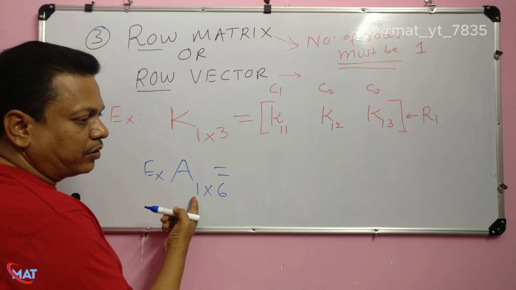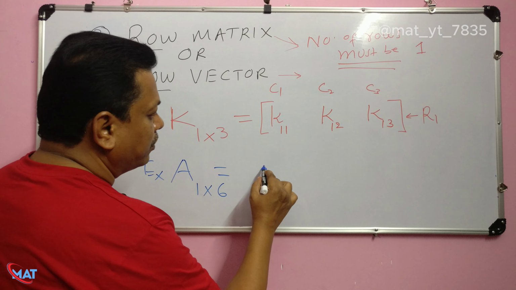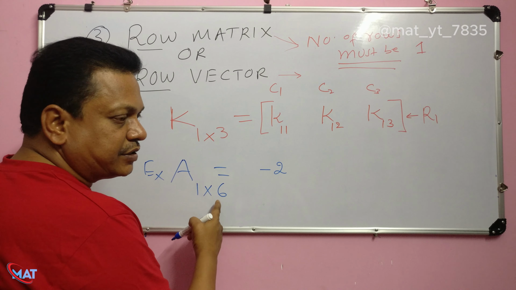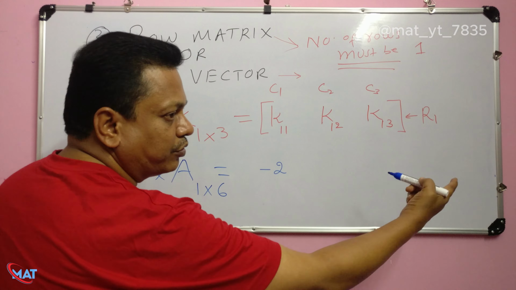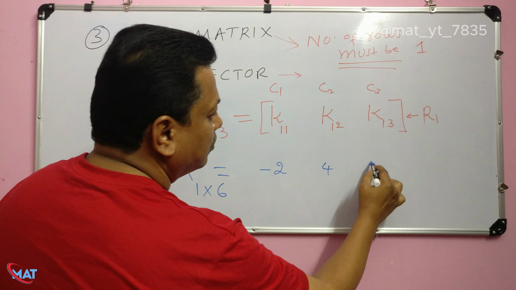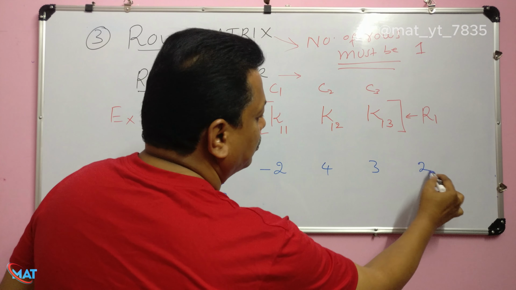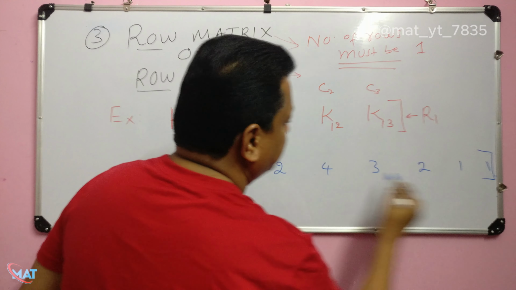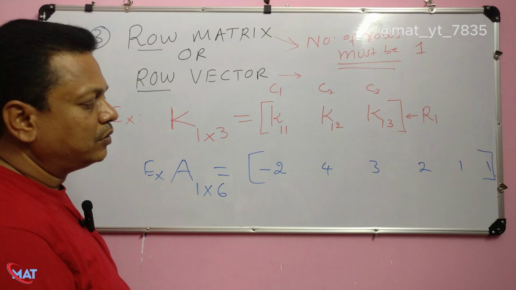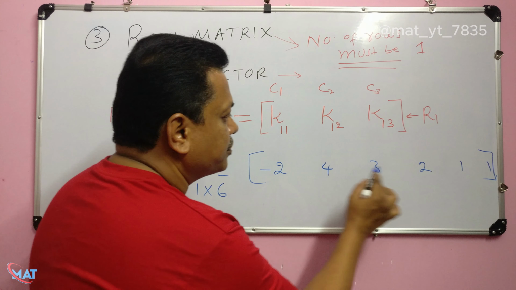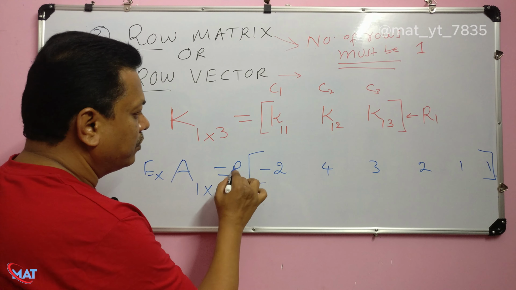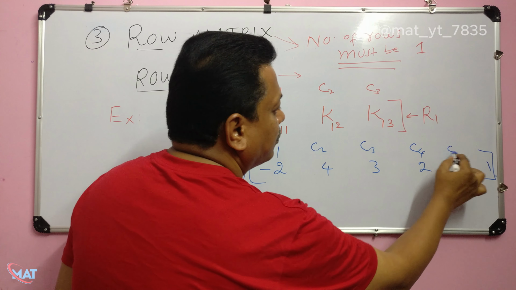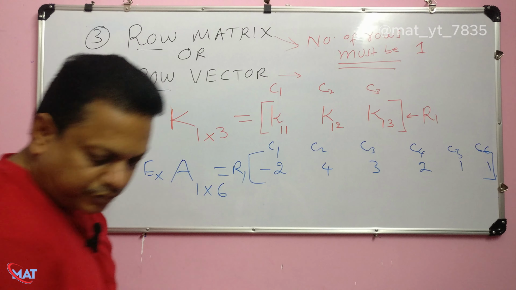It contains only 1 row and 6 columns. In the 1 row, I take numbers -2, 4, 3, 2, 1, and so on, 6 elements in total, one for each column. One row, 6 columns: row R1, and columns C1, C2, C3, C4, C5, C6.